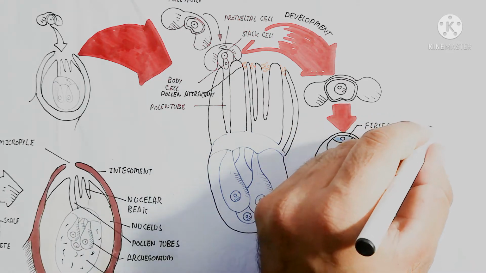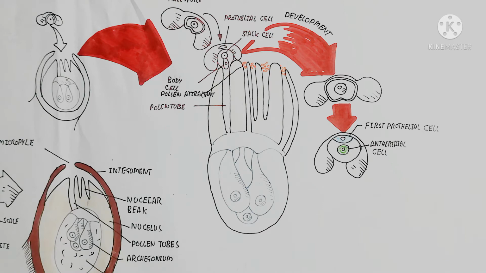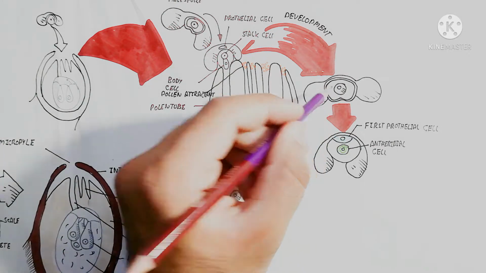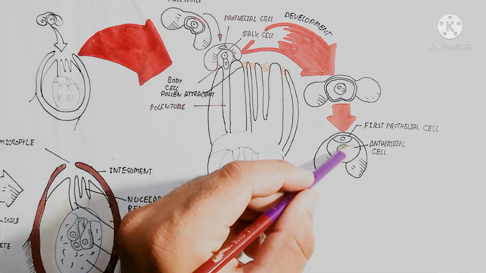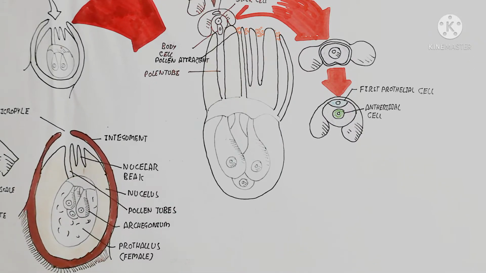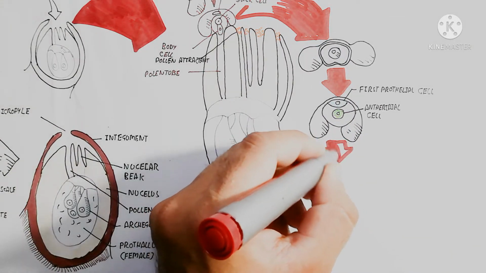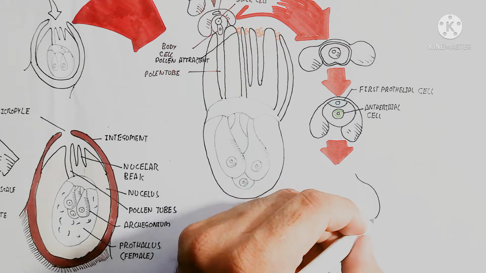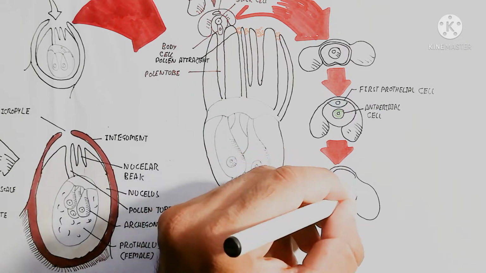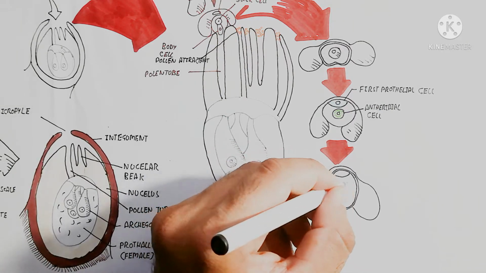It produces the prothallial cell and the antheridial cell. The antheridial cell is basically the recognition of the male gamete, while the first prothallial cell is used for the extra cell, which we will also discuss.